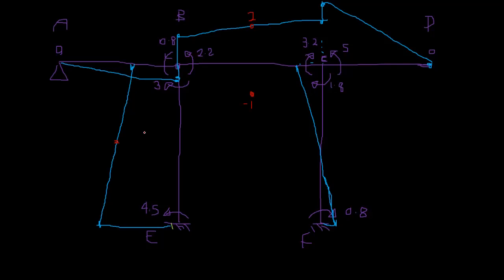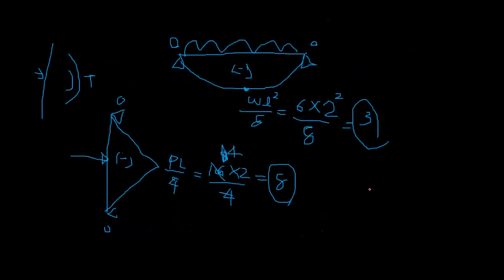So 3 and 4.5, it's going to be 7.5. 7.5 divided by 2 is approximately 3.8, right? So 3.8 minus 8, that's going to be -4.2, right?